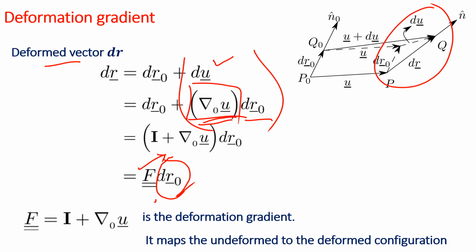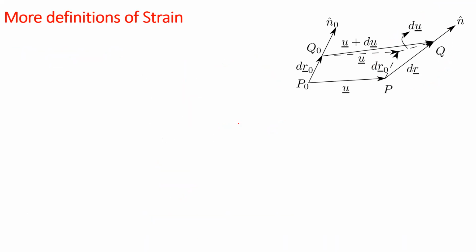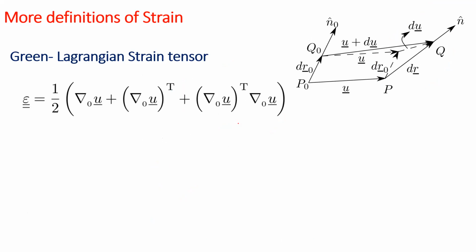So are we going to use this deformation gradient? Yes and no. Yes, in the sense it can be used to define strains of other kinds. There's a strain called the Green Lagrangian tensor, and it is defined this way. It is nothing but the infinitesimal strain which we defined plus this additional quantity. Where is this used?